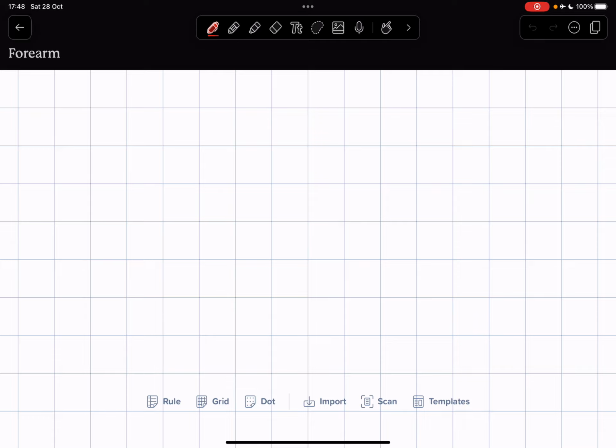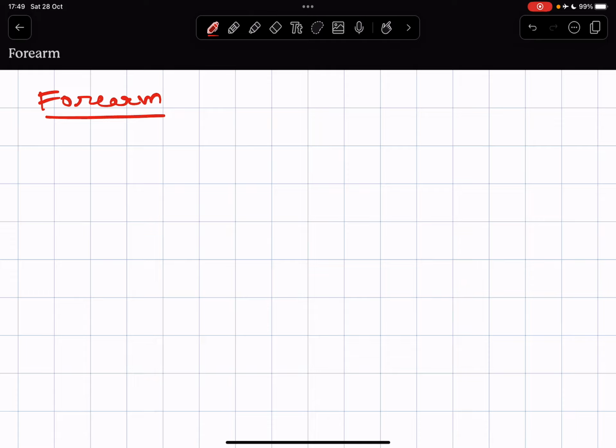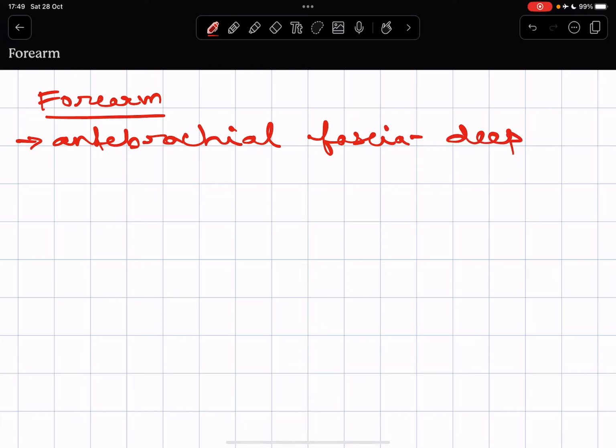So, we know that the forearm is invested by the deep fascia, and the name of the fascia is antebrachial fascia. So what is antebrachial fascia? The antebrachial fascia is nothing but the deep fascia of the forearm.